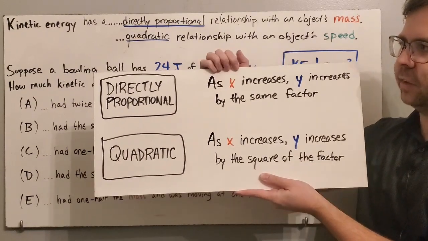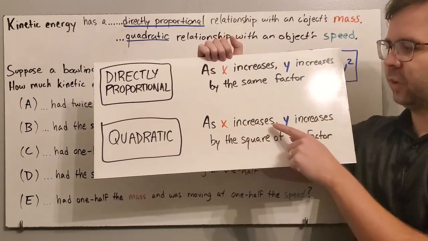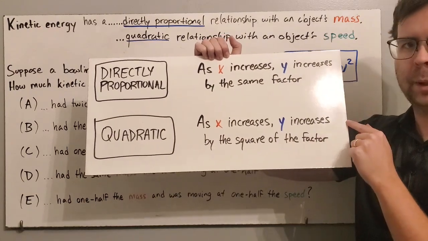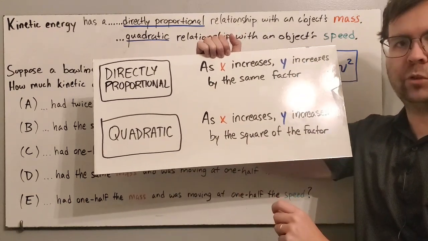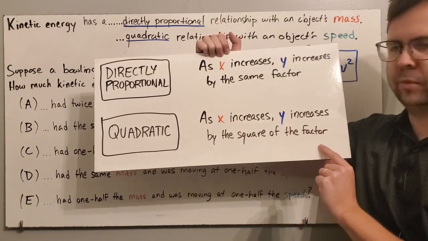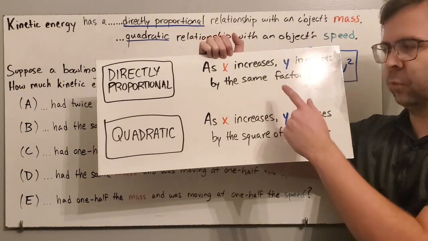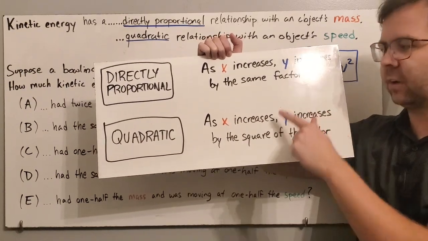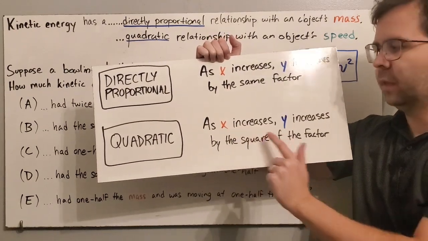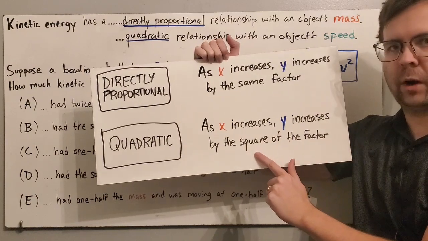Quadratic, on the other hand, is similar. As x increases, y also increases, so the first line is the same. What's different for quadratic relationships is the y value increases by the square of the factor. So as before, it's by the same factor, now it's by the square. So if you were to double x, then y would increase by a square of doubling.